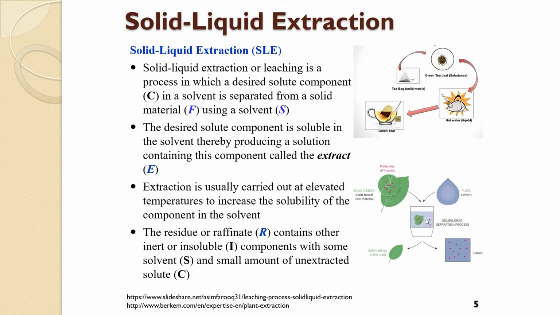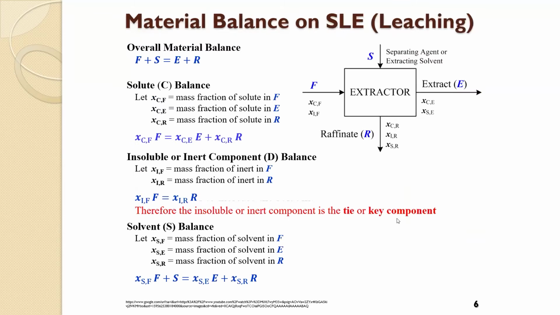And after that, what will be left, the raffinate residue, will just be the leaf. In your solvent, you'll notice that there's the extract. So just like in your liquid extraction, you have feed and solvent or separating agent. You have the extract, and the raffinate in this case, again, is the residue.